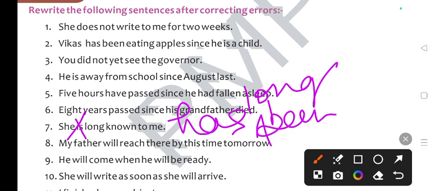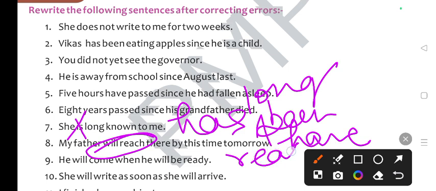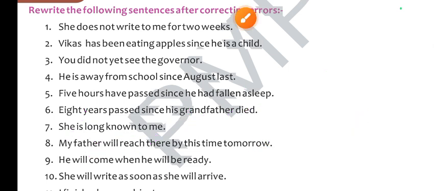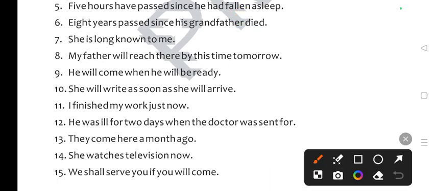My father will reach. No, my father will have reached there by this time tomorrow. Next, he will come when he will be ready. So he will come when he is ready. When he is ready. Okay, rest is fine.